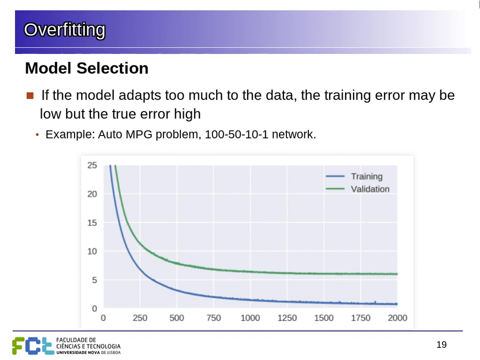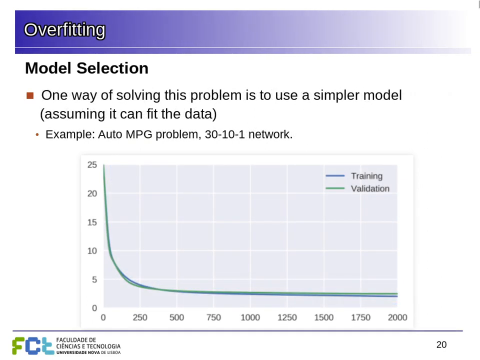So you can see that the validation error is significantly larger than the training error. This means that the network is learning things about the training data that do not generalize outside that data. So we need to simplify the model if we want to do model selection and improve things in that way. This is an example with a smaller network with 30, 10, 1 neurons.